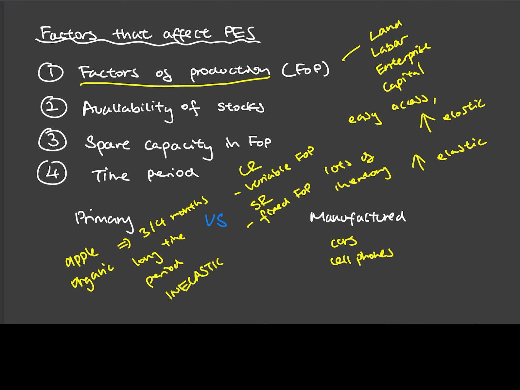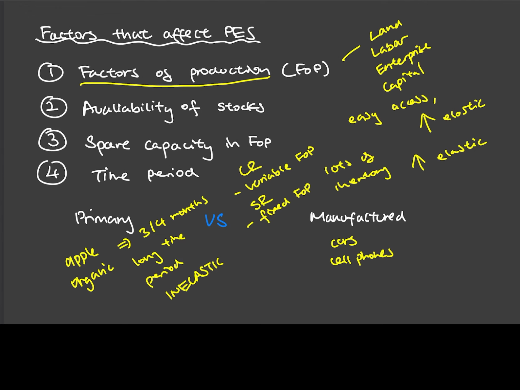Whereas manufactured goods have loads of access to factors of production. They have factories, cheap labor, capital, and usually lots of inventory, so they have spare capacity and availability of stocks. They can also increase their production very easily because they have ready availability of parts and possibly spare capacity in their factories.